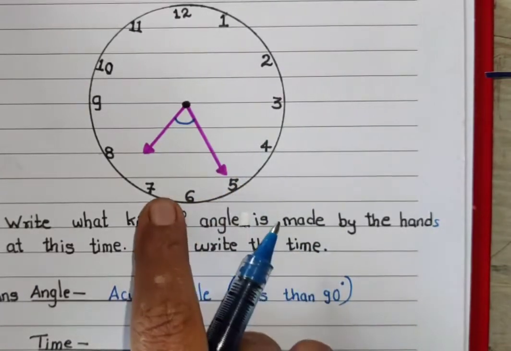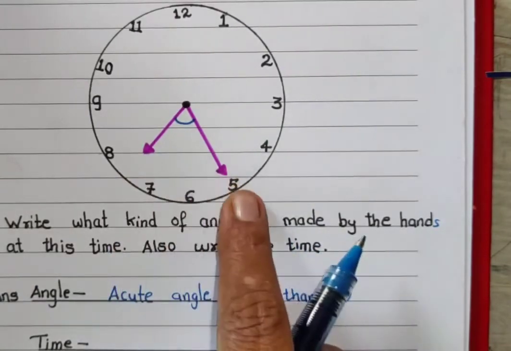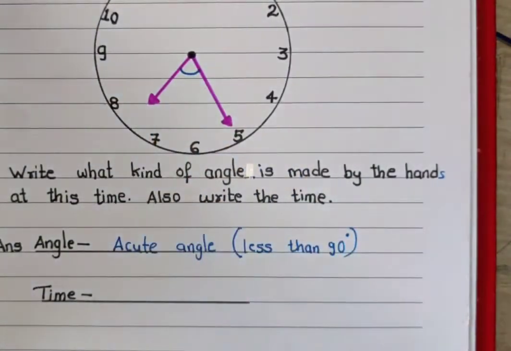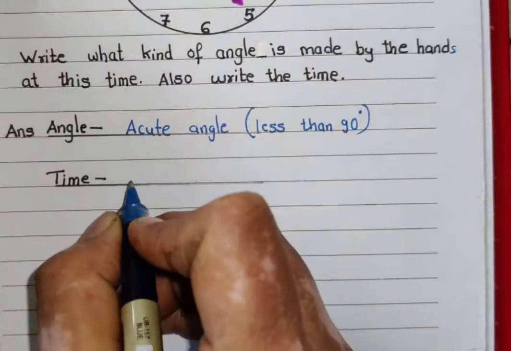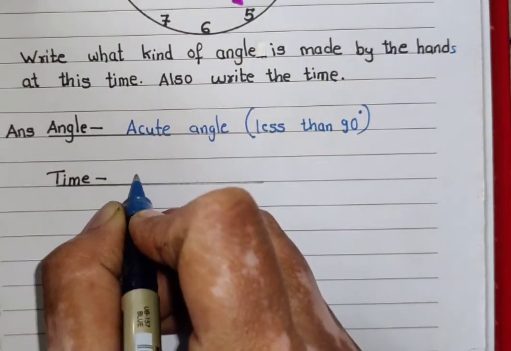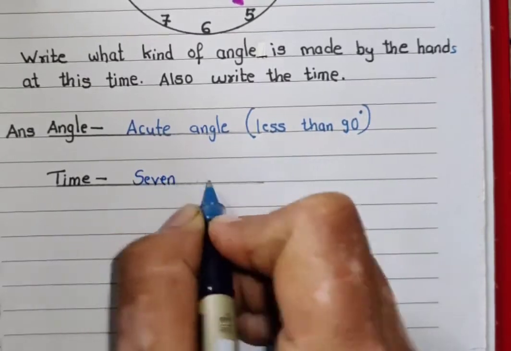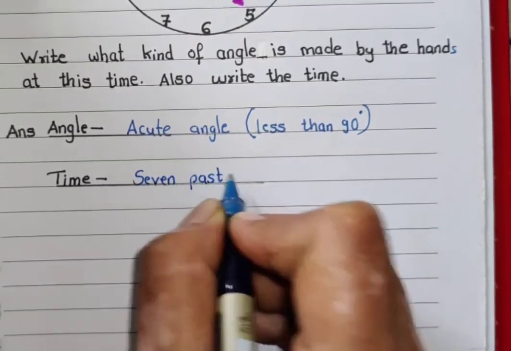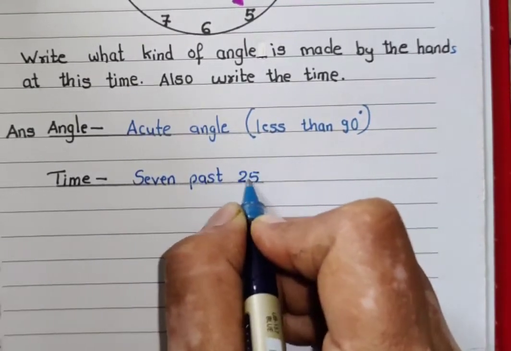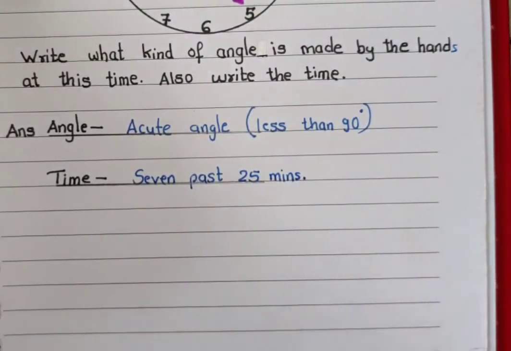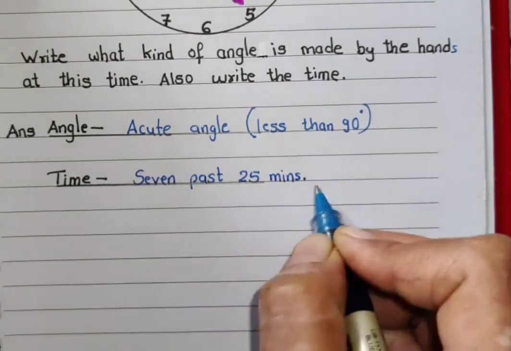So it is 7 past 25 minutes, because the hour hand has passed 7. So the time is 7 past 25 minutes.